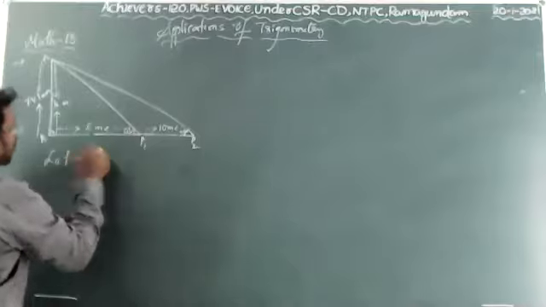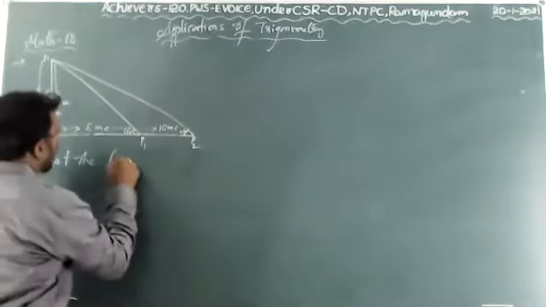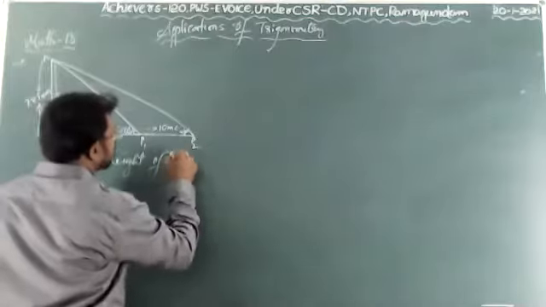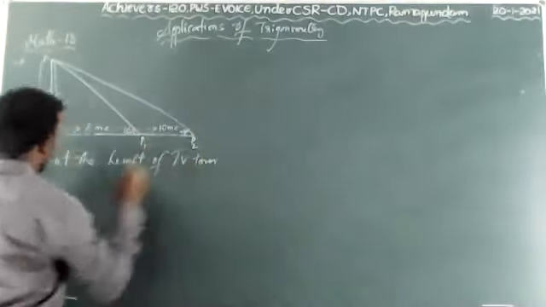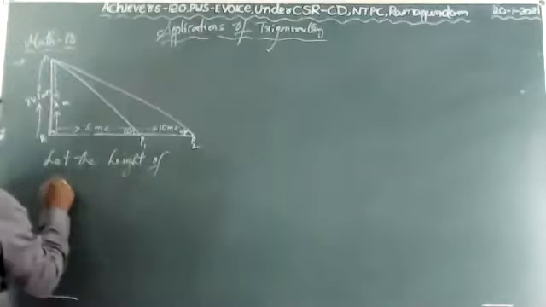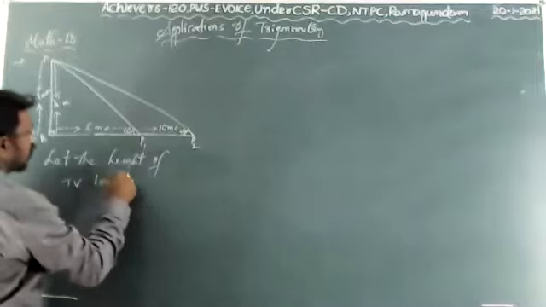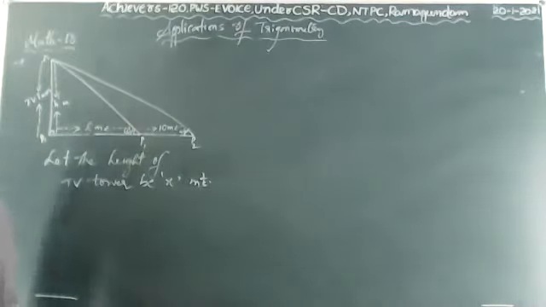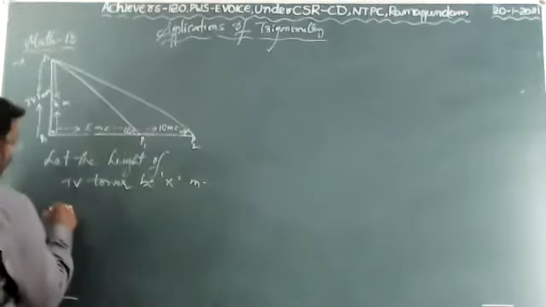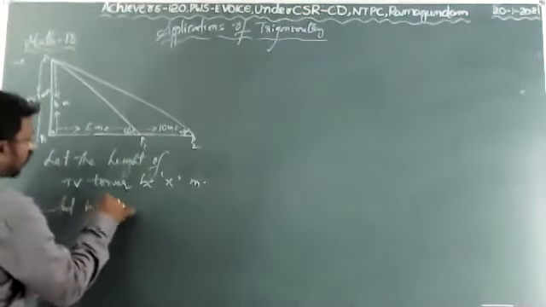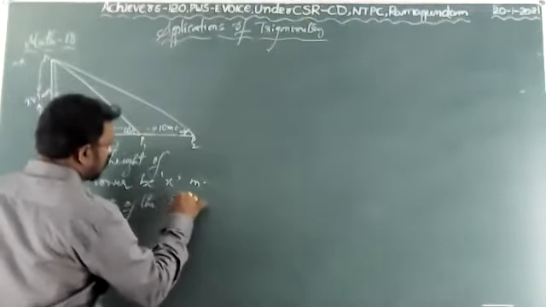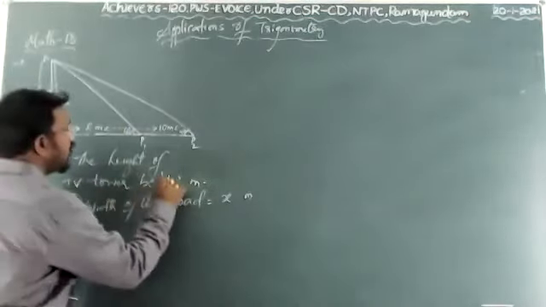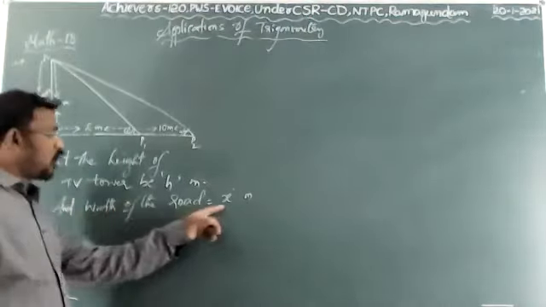let the height of the TV tower be h meters and the width of the road is x meters.